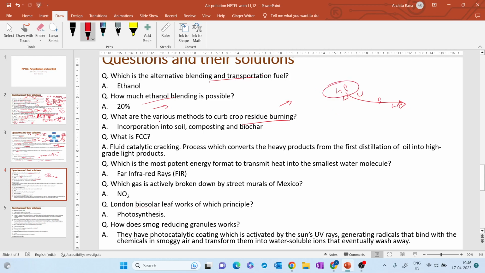Now there are certain methods being devised to reduce the residue burning. What they suggested is, whatever you get left after the harvest, you can use it as manure or compost for the soil. Or there is something called biochar.